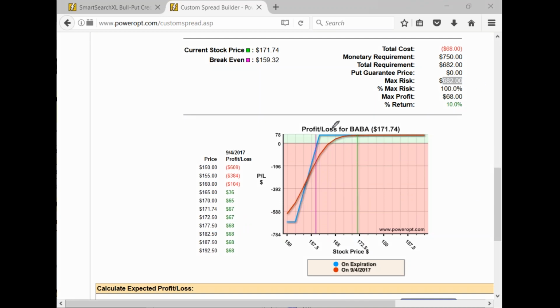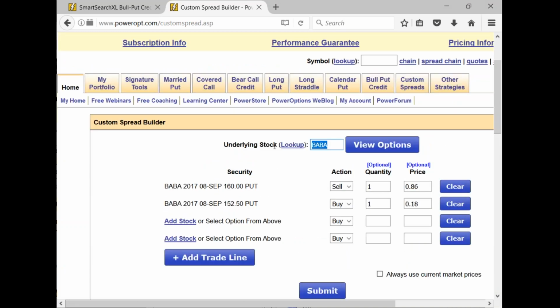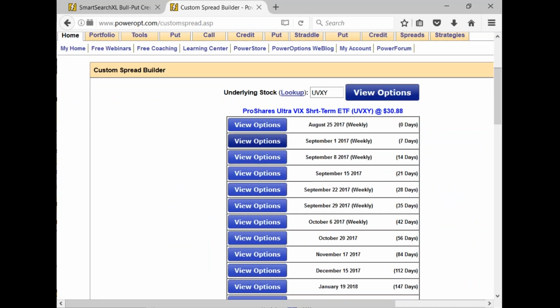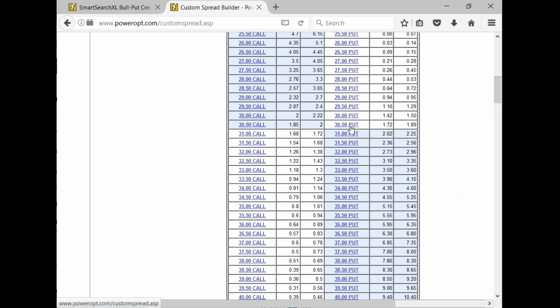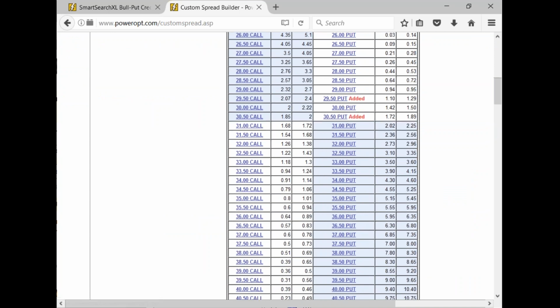Okay, so this isn't a great example. Let's grab another example, and I might even use UVXY for Terry's question here. Okay, so let's go to UVXY and let's clear these out here. We know what we saw, but let's go to this position. It's at 30.88. It's a 30.50 put, 29.50.